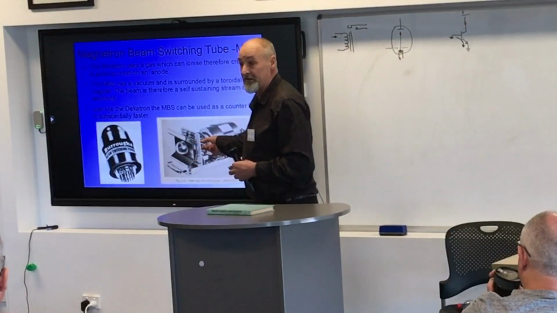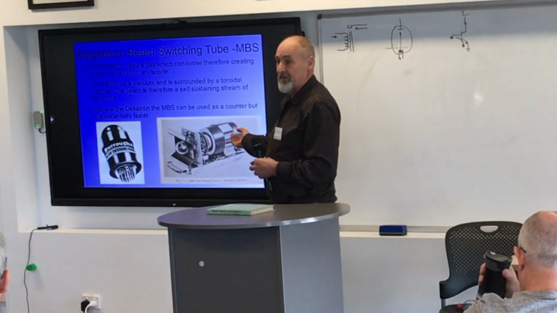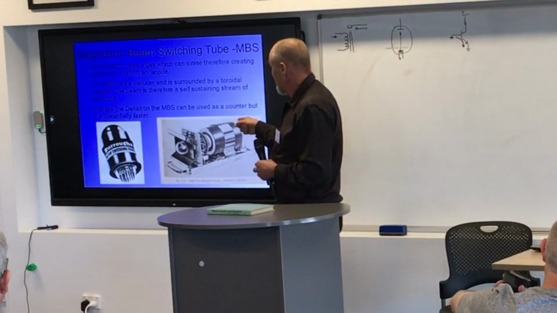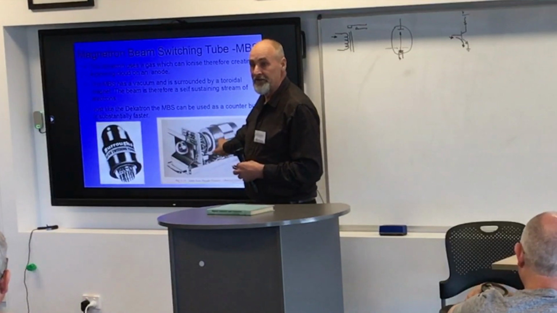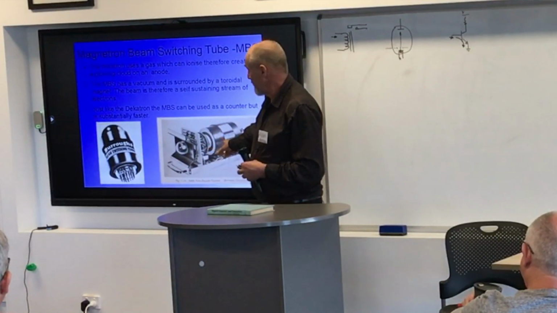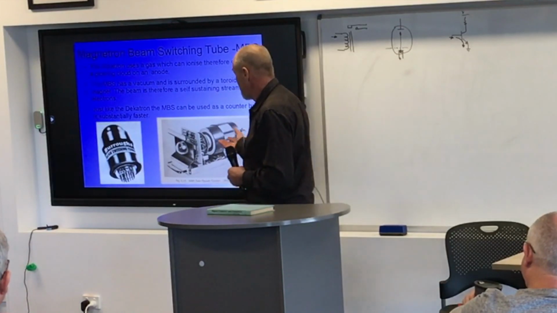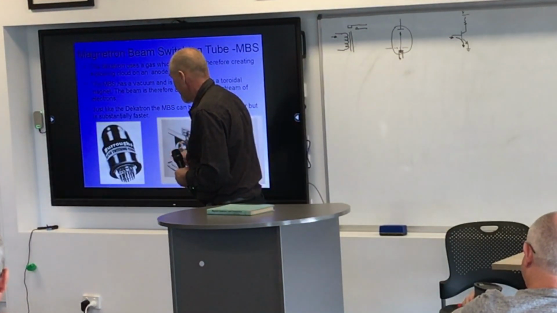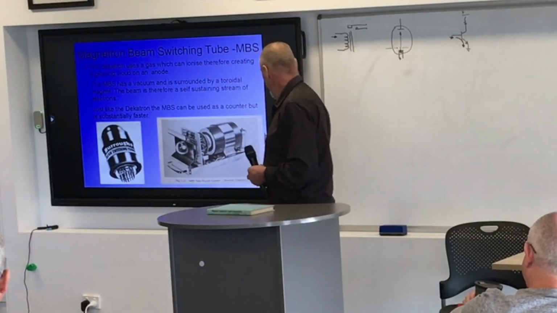The reason they did this is that because it's evacuated and it's got no ionising gas, this thing can run at 20 kilohertz instead of a couple of kilohertz. So at least 10 times faster. And then if you want to display the data, they put a Dekatron in front of it or a Nixie tube or whatever you like.